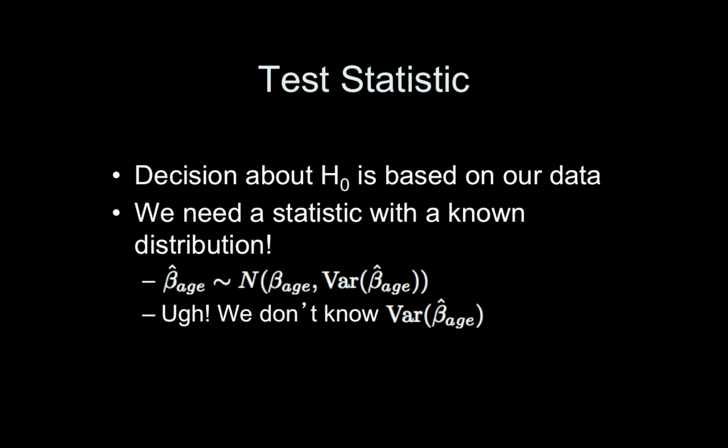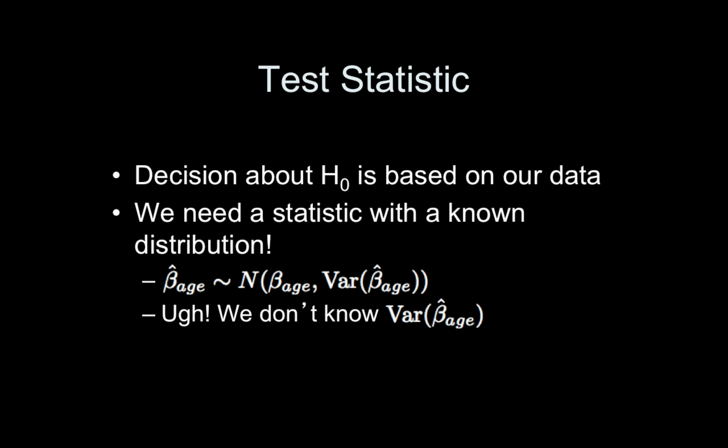If the errors follow a normal distribution, it turns out you can show that beta hat age follows a normal distribution with a mean beta age and a variance equal to the variance of beta age, which, if you remember the linear regression lecture, that equation is in your head. It's x transpose x, the inverse of that, times sigma squared.